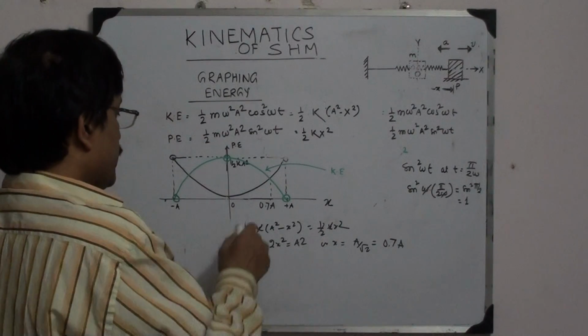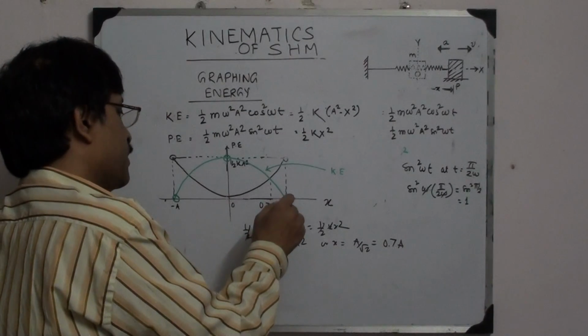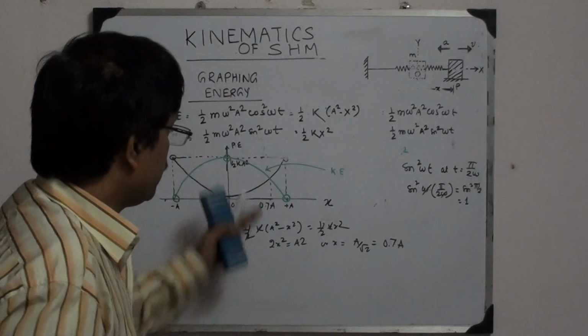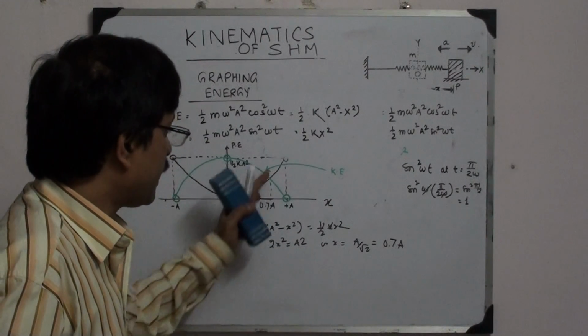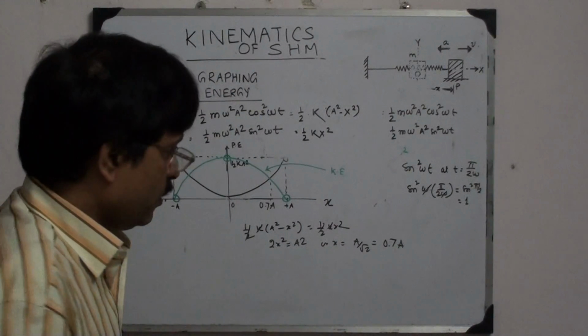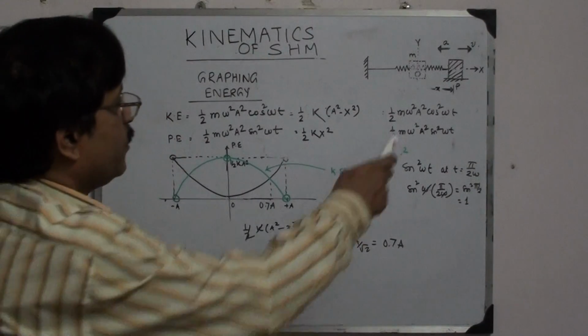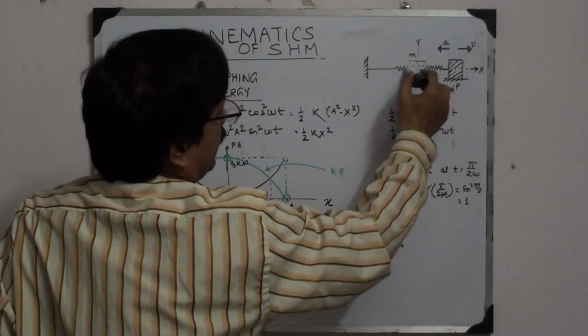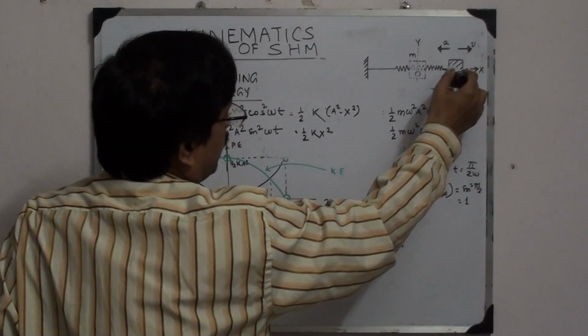So you find here that at 70% of the maximum displacement, the potential energy and kinetic energy become the same. What is the intuitive feeling of it? Look at it here. The whole thing was potential energy at the right extreme, and then it gradually comes up.